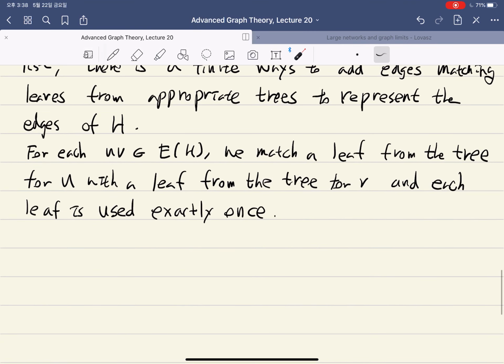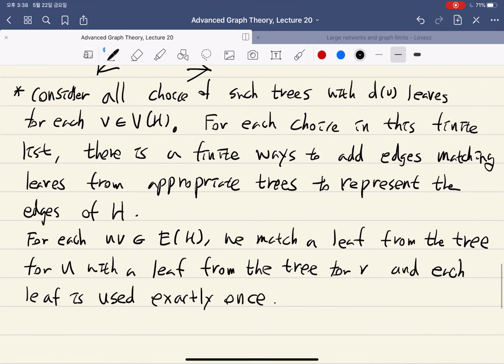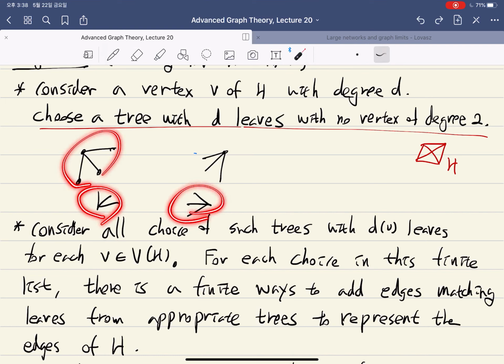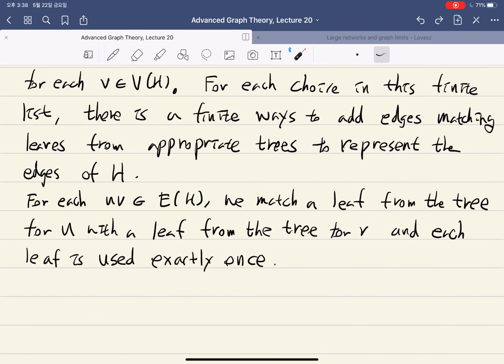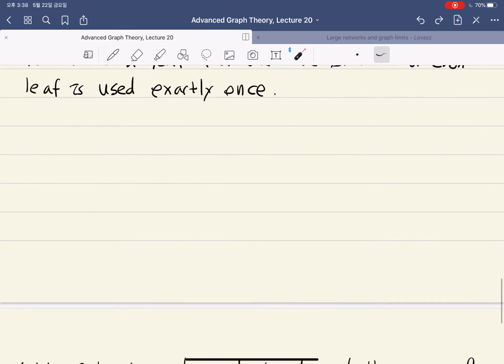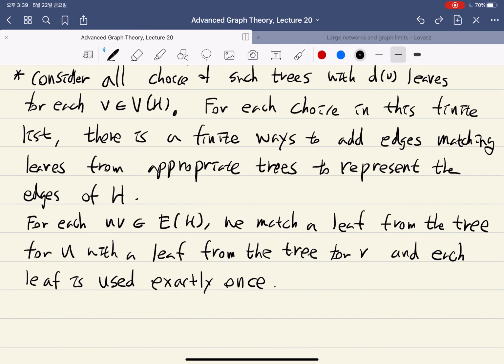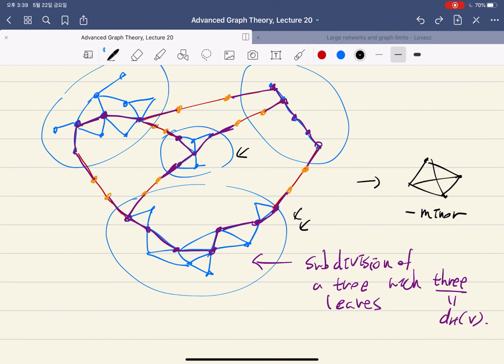Then we get a graph. And because there are finitely many choices of these trees, and finitely many ways of matching the leaves, the result is there are finitely many graphs. And then finally, this graph that we obtain is exactly the graph here.